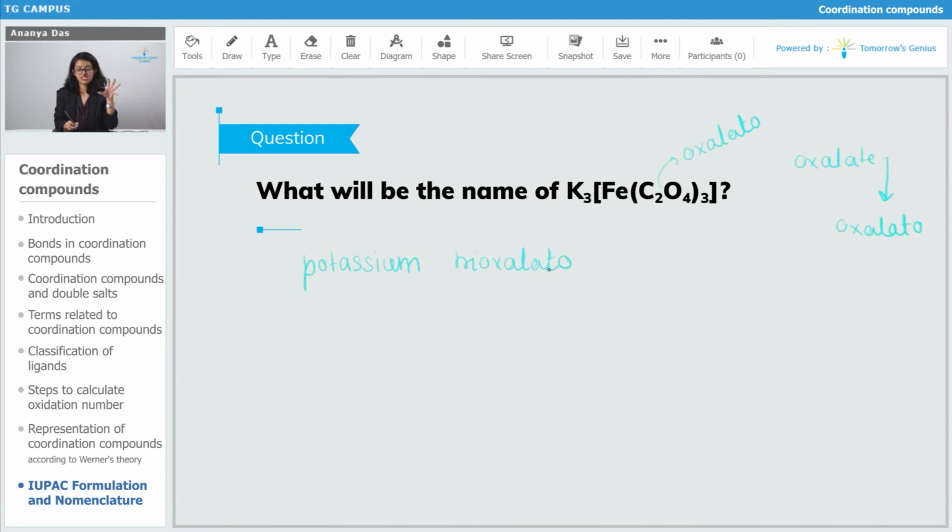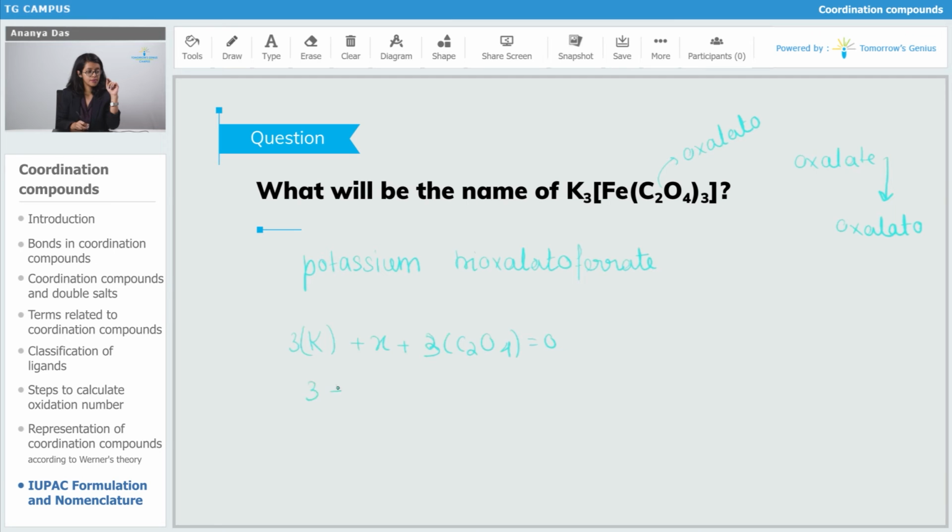Now this complex, that is the coordination entity, is an anionic coordination entity. So I cannot write iron. I'll have to write ferrate. So this will be trioxalato ferrate, and then the oxidation state of iron I have to write in Roman numerals. So let's calculate. 3 potassium plus iron plus 3 oxalate.